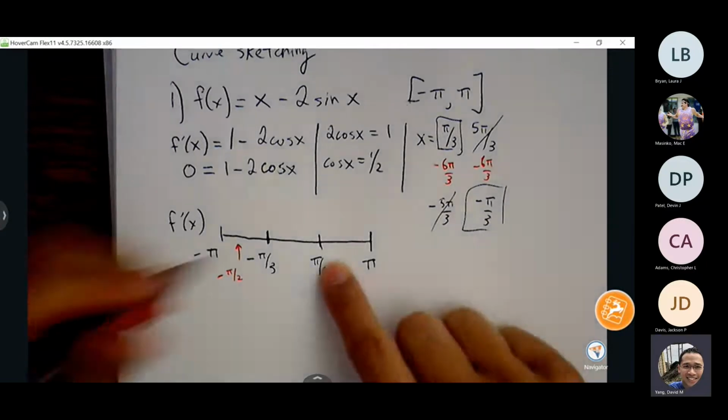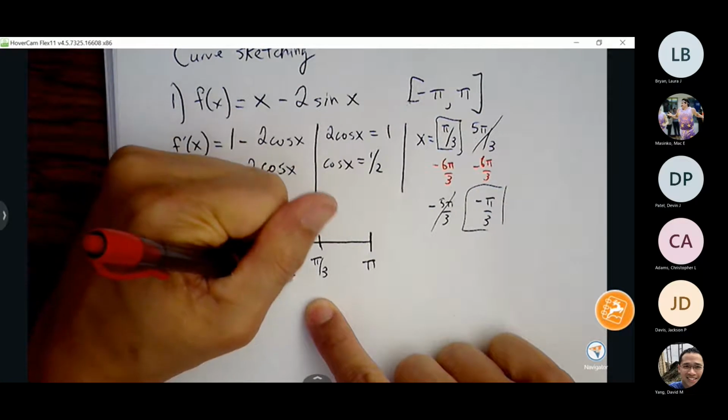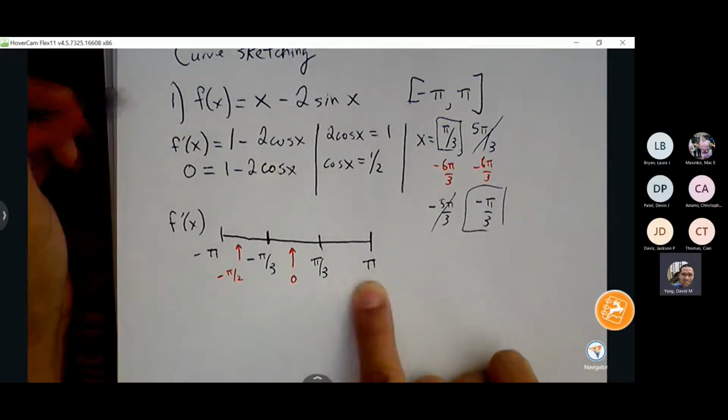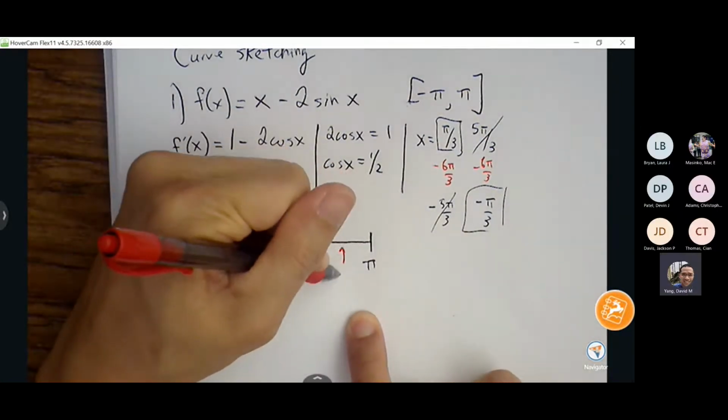Between negative pi/3 and pi/3, I can choose 0. And between pi/3 and pi, we can choose pi/2.